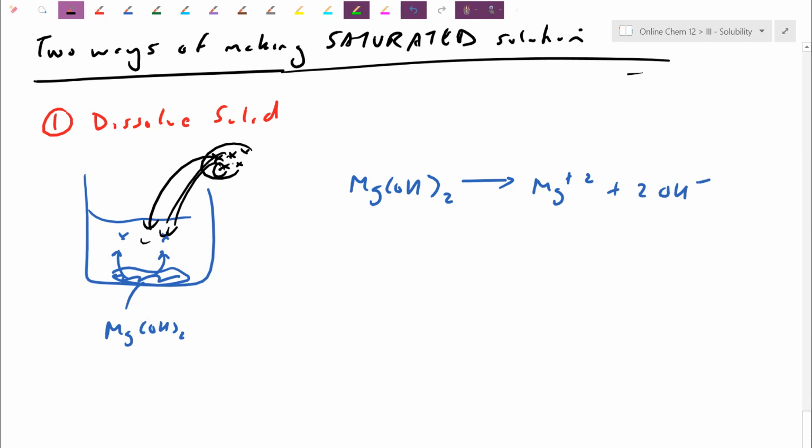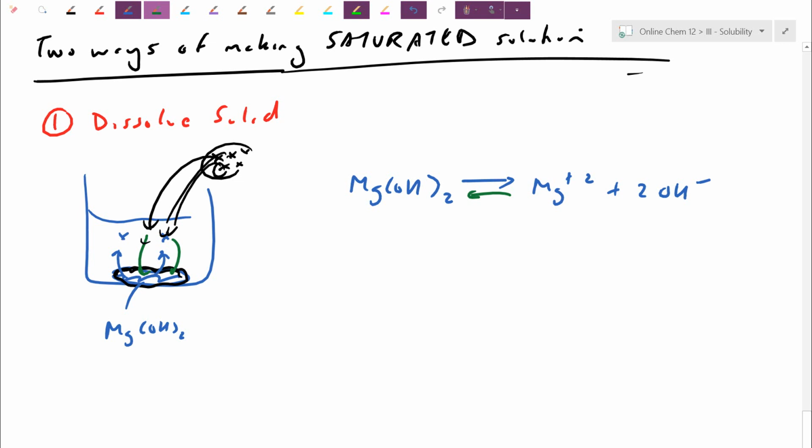It doesn't take that much. I've dropped in enough that it's now precipitated out. Now I can't dissolve anymore. As it can't dissolve anymore, I wait a little while for an equilibrium to be established. The magnesium ions, hydroxide ions are going to constantly be dissolving, but those ions are also constantly going to be colliding, with good energy, good geometry, and they're actually going to start crystallizing out. That's actually going to give you the reverse reaction there.